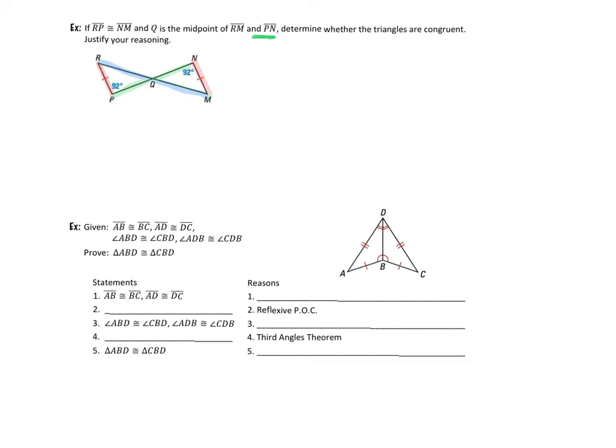We are told that this is 92 degrees and this is 92 degrees. We also know that whatever this angle is, it is congruent to this angle because they are vertical angles, which means our third angle here, angle R, must be congruent to angle M. We have 3 congruent corresponding sides, and we have 3 pairs of corresponding congruent angles, so we have indeed satisfied all the conditions for triangles to be congruent.